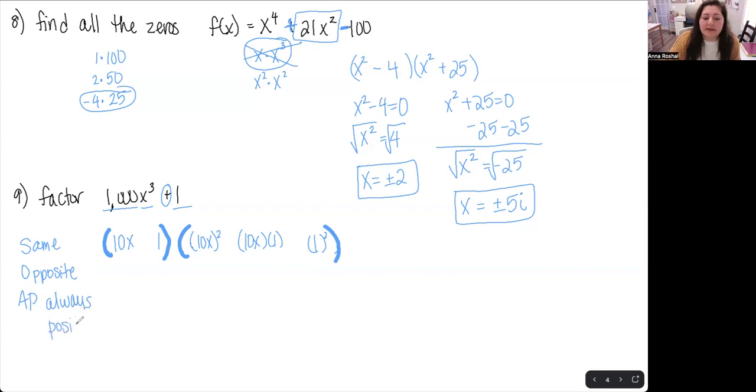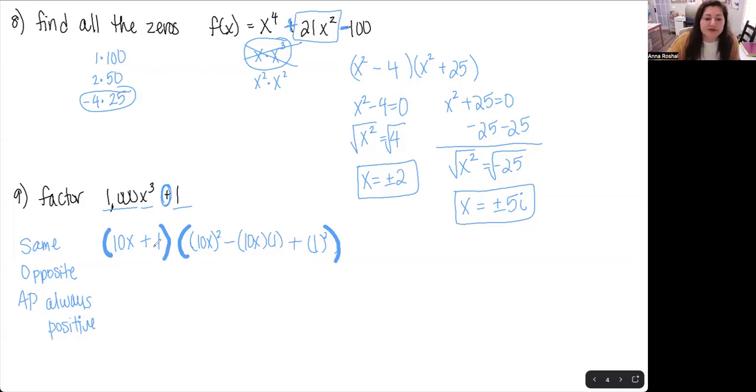And here's why I liked it so much: I remember soap because I like washing my hands and I like being clean. But it's referring to this sign here. So my first sign in this entire fully factored problem, I'm going to end up with same, plus. Opposite of plus, subtract. And this will always be positive.